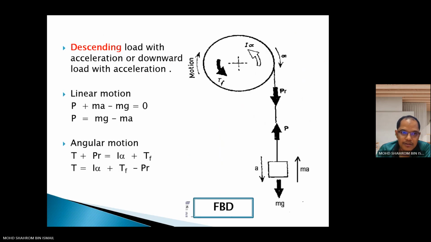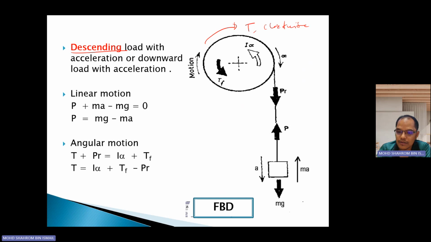Okay, this case is a descending motion. So how do we solve it? Of course, in order to make it descend, the movement of the drum is supposed to be clockwise.